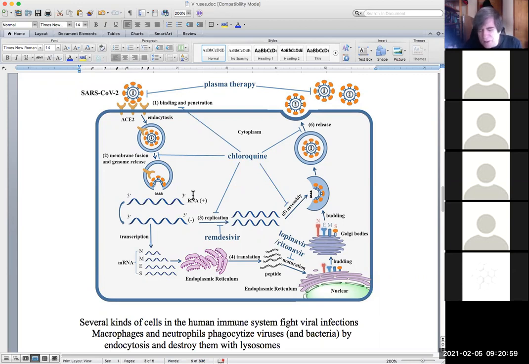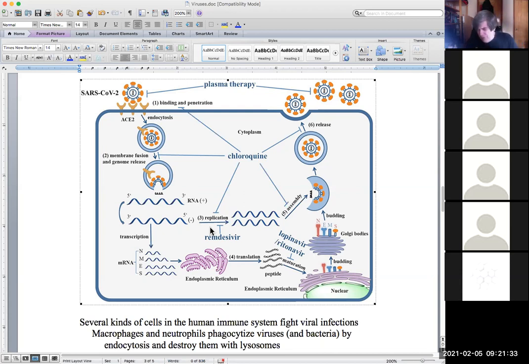Now, in this case, the RNA that's found inside the SARS-CoV-2 virus doesn't actually have instructions for making the proteins for this virus. Instead, this RNA is complementary to the RNA that has the instructions. So the RNA that comes out of the virus is called a plus strand, and we make a negative strand by complementary base pairing.